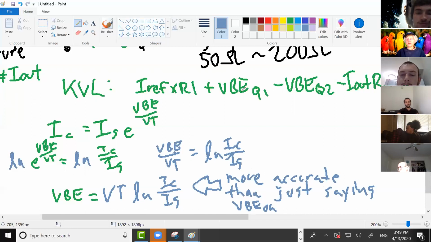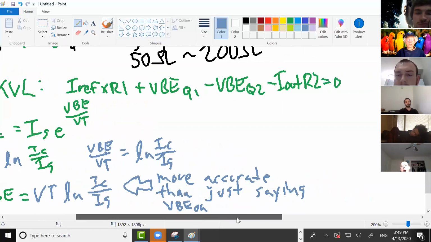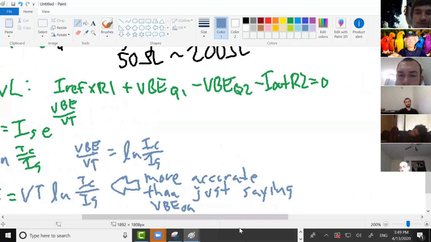And in this equation, again, since we're messing with that emitter voltage, we want to be more exact with our VBEs. So let's take this equation and we'll do the IREFs. So we're going to take this equation and mess with it.